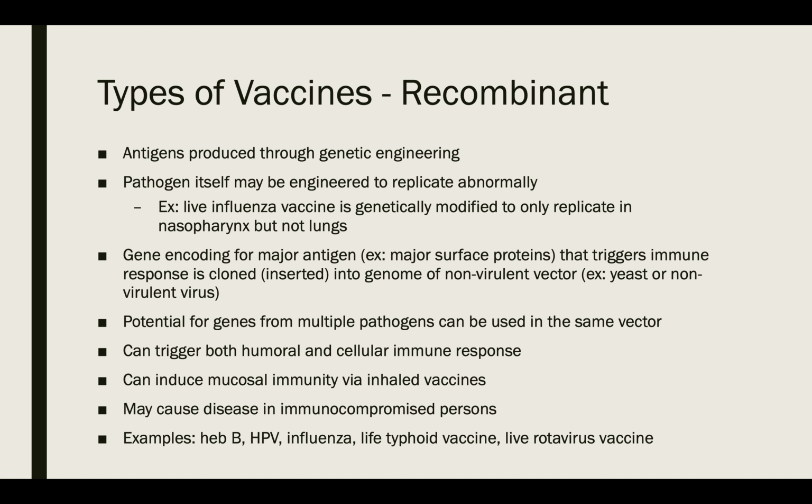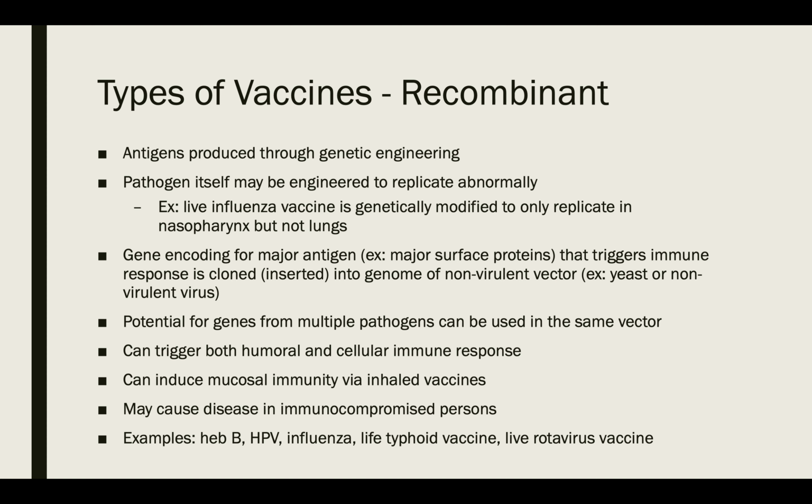Another way these recombinant vaccines are made is the gene encoding for the major antigen, so whatever antigen causes an immune response, like a major surface protein, is cloned or inserted into the genome of a non-virulent vector.